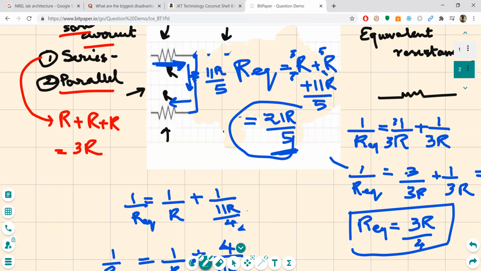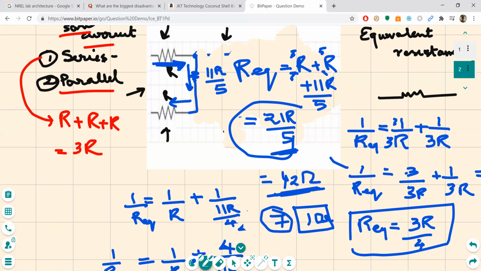Say each of these resistances were 10 ohms, then you would take out the 7 10-ohm resistors and put one resistor of 21 times 10 over 5, which is 21 times 2, which is 42 ohms. So instead of buying 7 10-ohm resistors, you could just buy one 42-ohm resistor and place that. And that's the idea behind this.